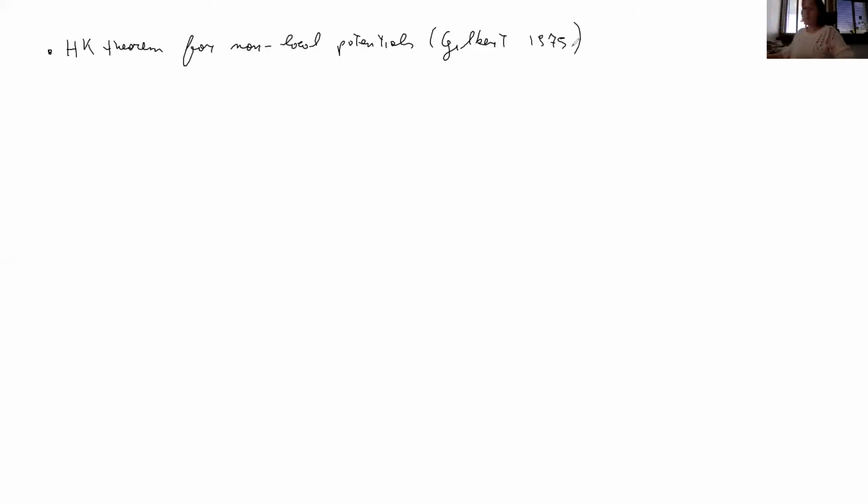And it's called Hohenberg-Kohn because Gilbert tried to do a similar demonstration as the one that Hohenberg-Kohn did for DFT. Now, Julien didn't go through this theorem, but I want just to sketch it so that at least you understand why RDMFT is essentially based on the same theorem, okay?